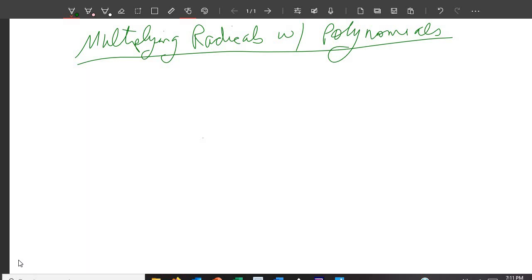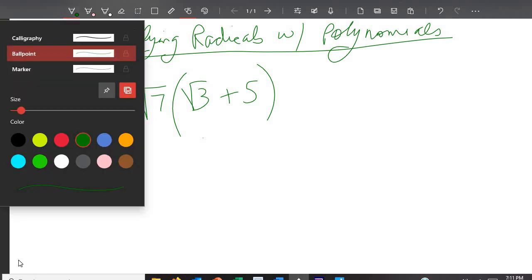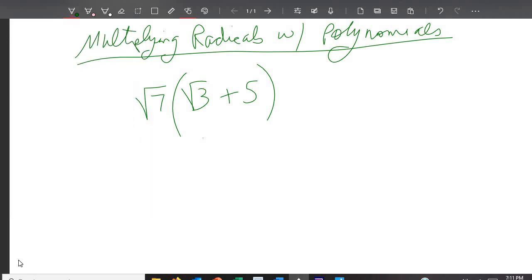Now, let's start out with, let's say I had the square root of 7 times the square root of 3 plus 5. Doing the distributive property, just like we normally do. Multiply the square root of 7 times the square root of 3, and you'll get the square root of 21.